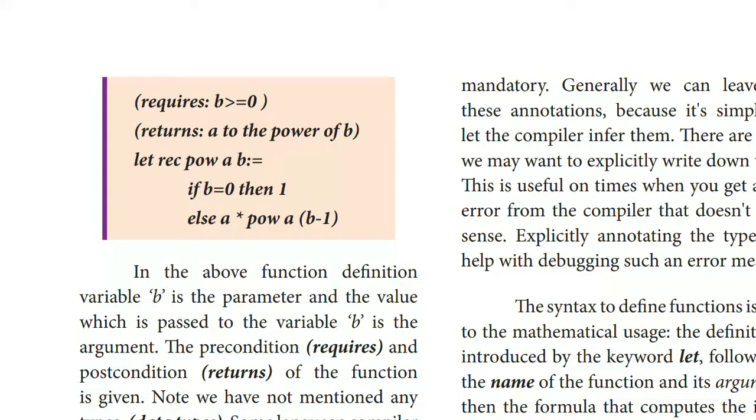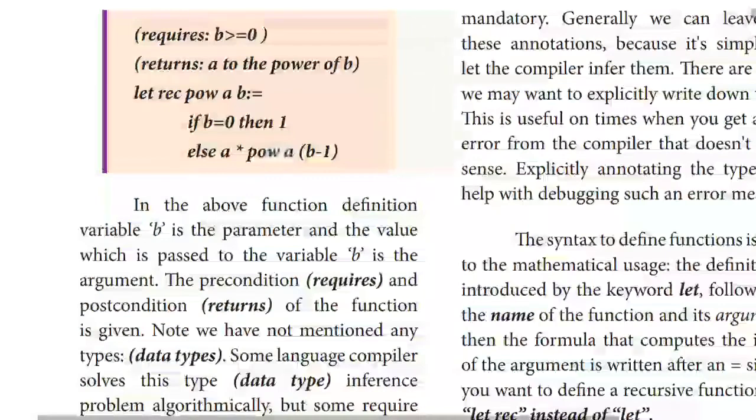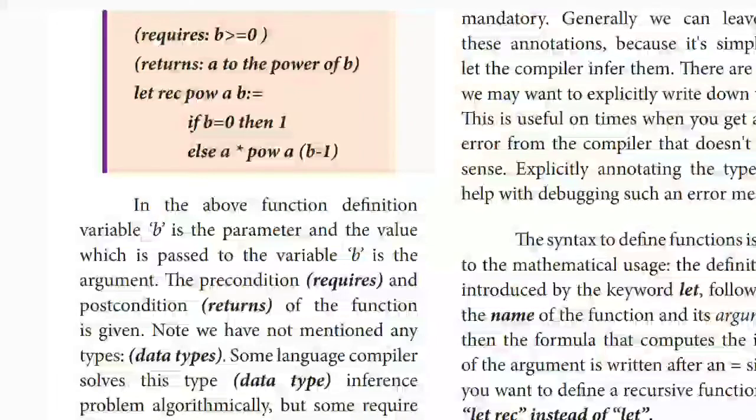So this is the expression here. So here you can see that in the above function definition, variable b is the parameter, and the value which is passed to the variable b is the argument.